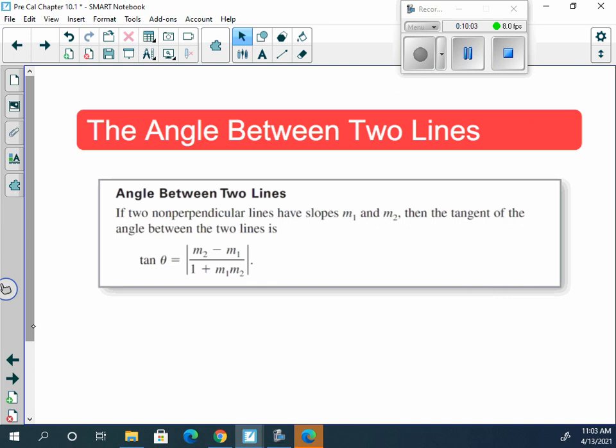And we can convert it over using slopes to see that tangent of theta, the difference of two angles, is going to equal the absolute value of the slope of the second line minus the slope of the first over 1 plus the slope of the second times the slope of the first. And then once we get whatever that value is, we can take tangent inverse of it to get our actual answer.